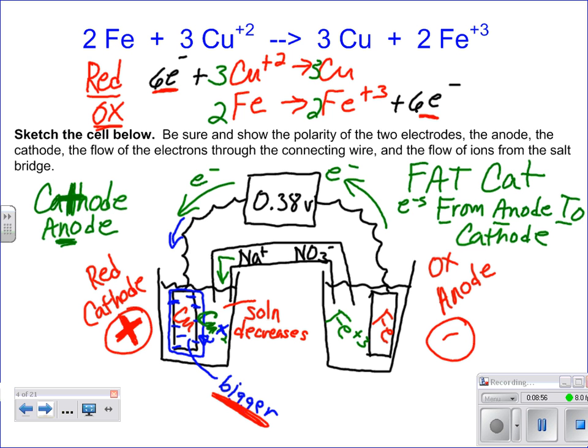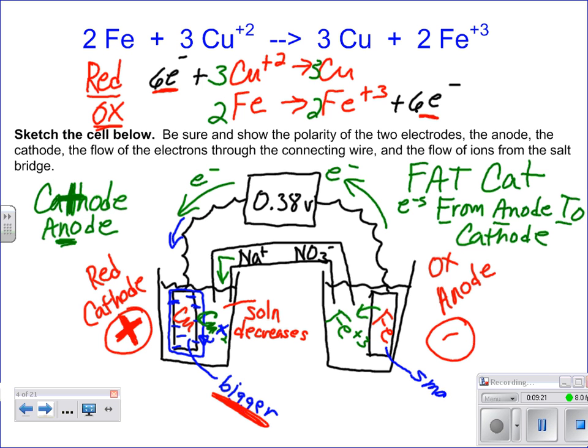And we're going to see that the whole situation is the opposite on the anode side. Since you are losing electrons from your iron, the iron is going to go into solution, so this is going to, using blue, become smaller.